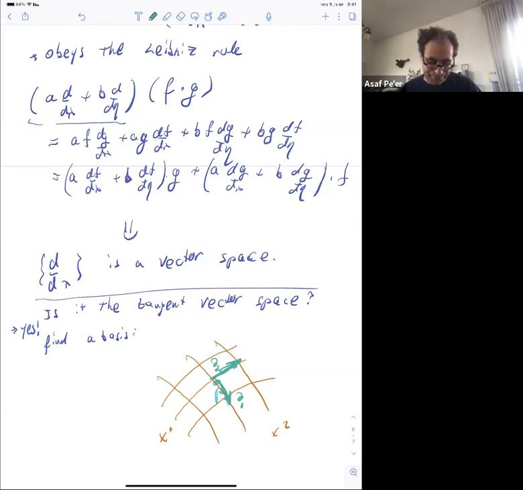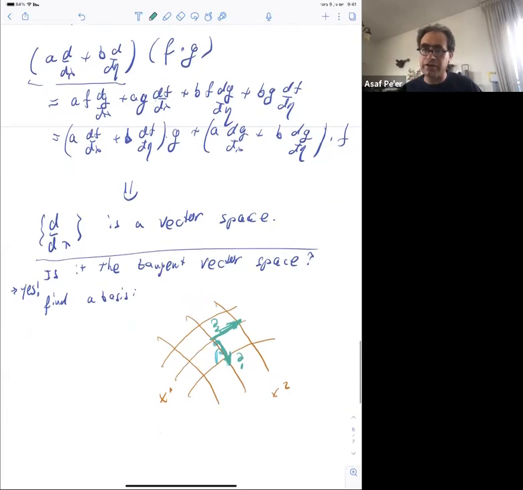Then I argue that this set of directional derivatives along these coordinates provides naturally n vectors which are the basis of any directional derivative along a curve.